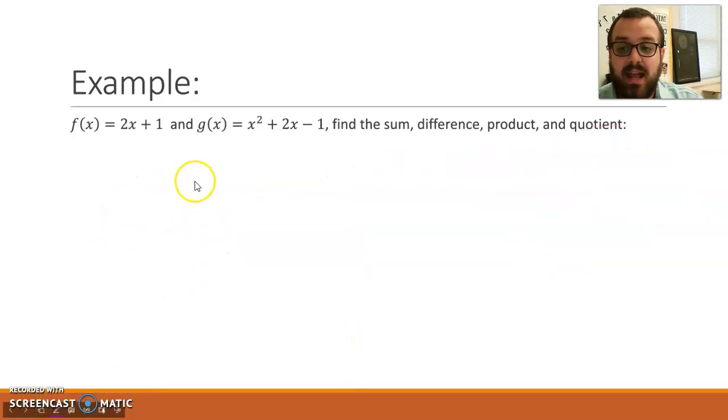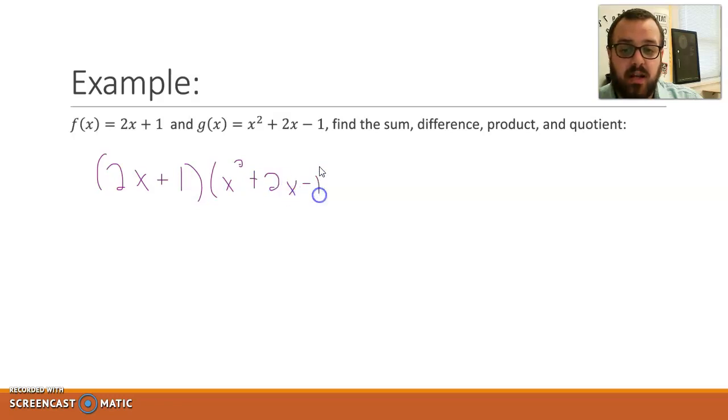If I want to go ahead and do the product, I'm going to just multiply them. So it's going to be 2x plus 1 times x squared plus 2x minus 1. And all I'm going to do for this is distribute, okay? You can think of it like foiling it out, all right? So we're going to do 2x times each of these, and then we'll do the 1 times each of these.